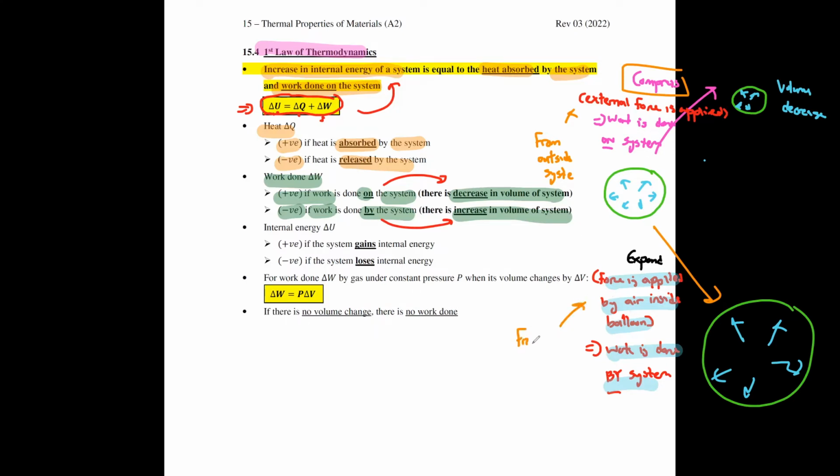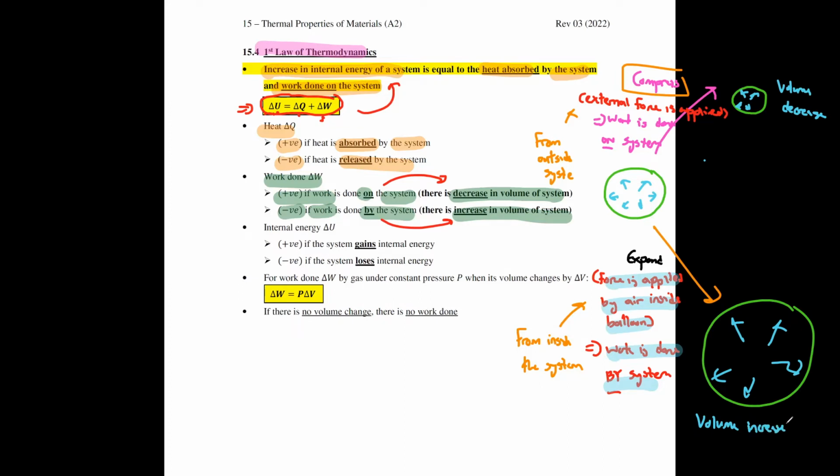It's actually from inside the system. That's why we tend to associate it with work being done by the system. It's the system itself that is doing the work here. So when work is being done by the system, it causes the balloon to increase in volume.